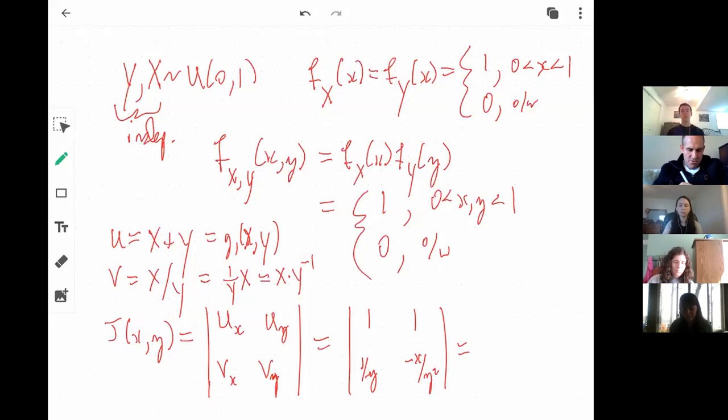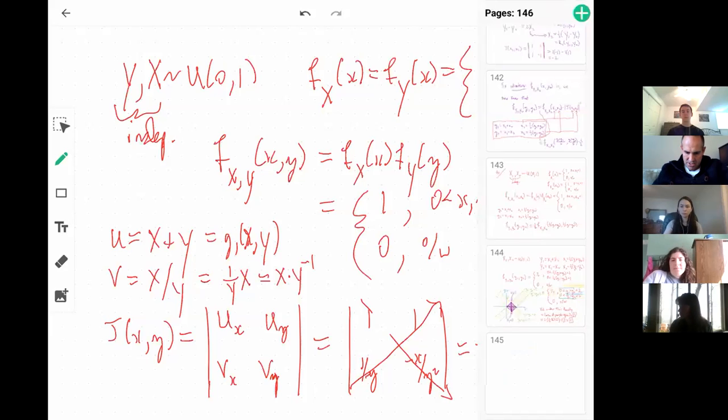So the Jacobian, you know how to do this. You're going to go like these two things multiplied minus these two things multiplied. You get negative x over y squared minus 1 over y. I'm going to go over to the next page here.